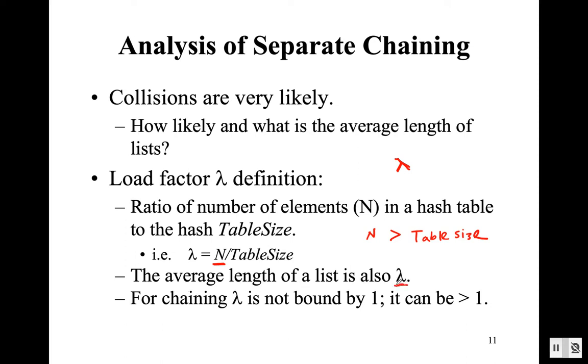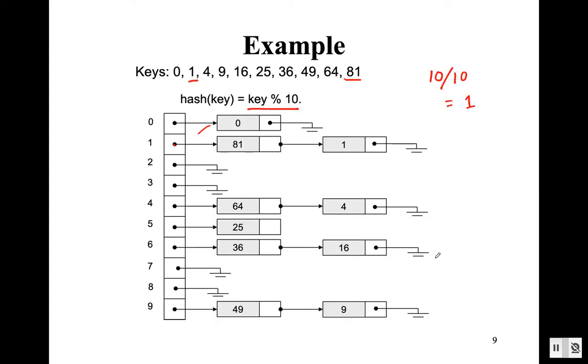The average length of a list is known as the load factor. So here, what is the average length? We have a couple of lists of size 0, a couple of lists of size 2, and one list of size 1. The average length of a list here is 1, so the load factor here is 10 divided by 10.